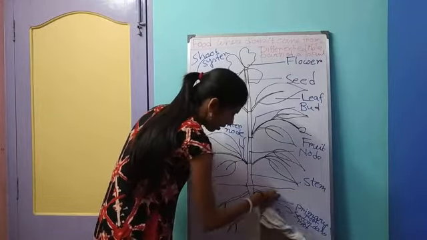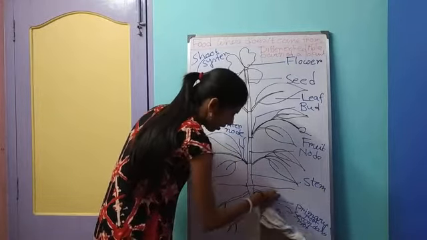Okay. So, which one is primary root? The main root is called primary root and the branching of the primary root is called secondary root, and then another branching of the root is called tertiary root. Okay. So, this is under the root system.